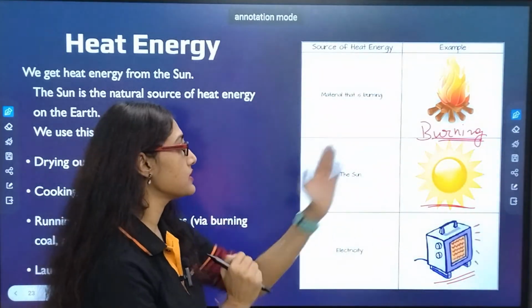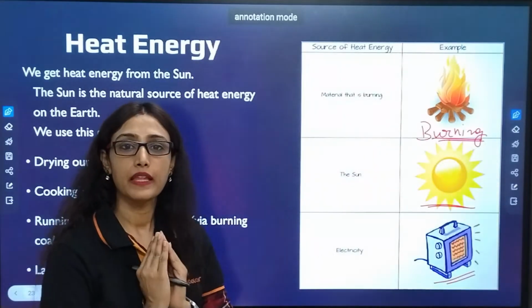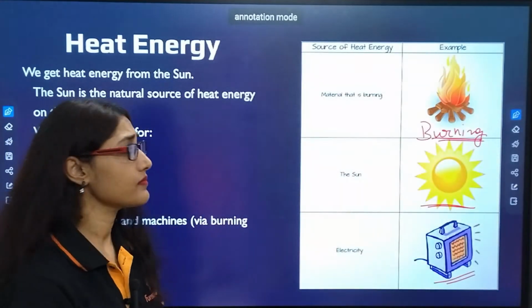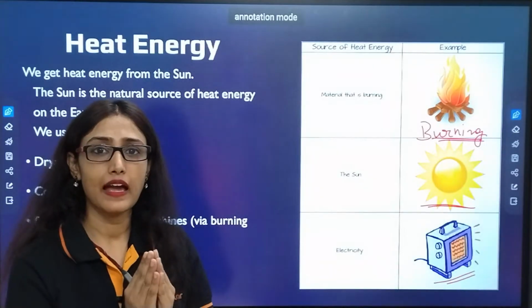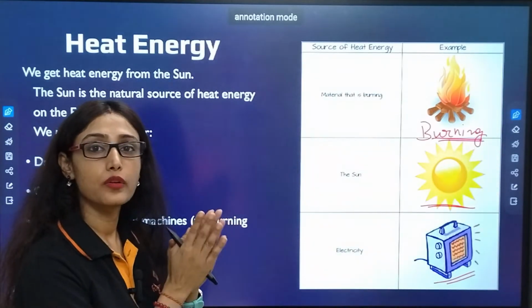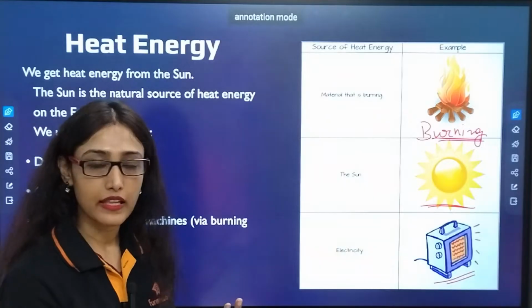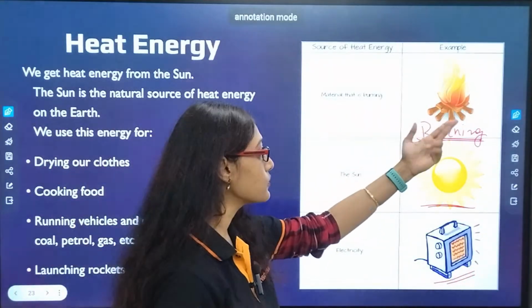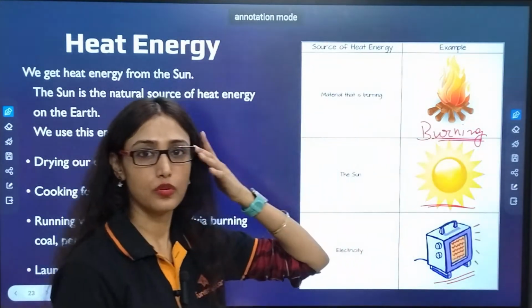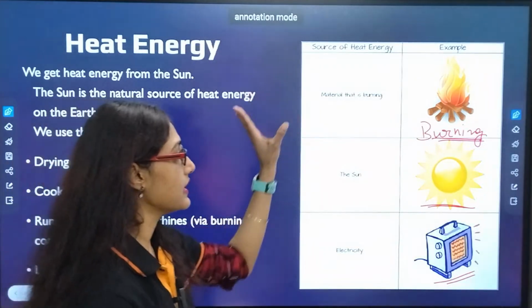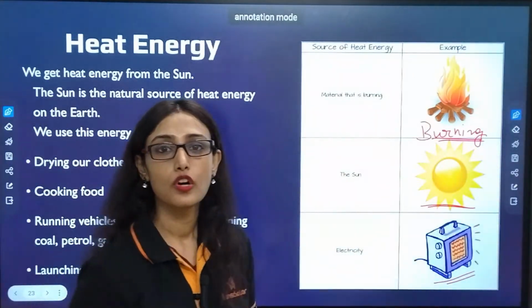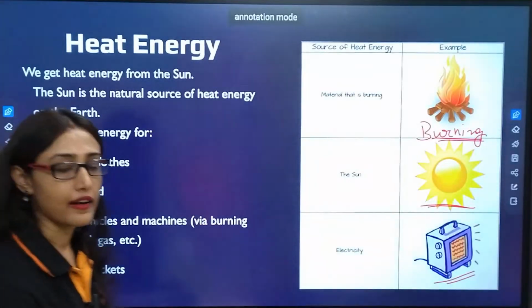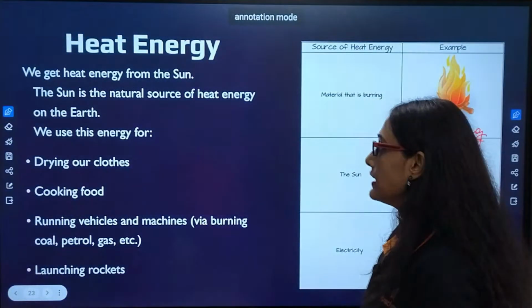In the cold countries, they burn the wood to keep themselves warm. Okay. And often in the olden times, when gas was not there, the food was being cooked with the help of these woods. Okay. So here, the heat energy is being used to do different kinds of activities in our daily life.